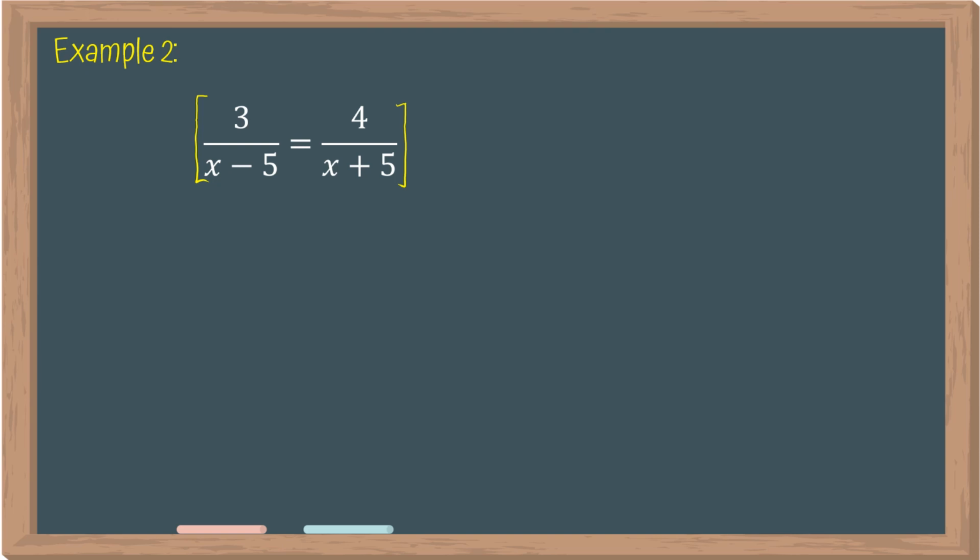So dito, ang LCD natin is the product of the denominators x minus 5 and x plus 5. So, i-multiply daw natin yung magkabilang side ng ating equation by x minus 5 and x plus 5. So, we're going to do the same with the right side, x minus 5 and x plus 5.